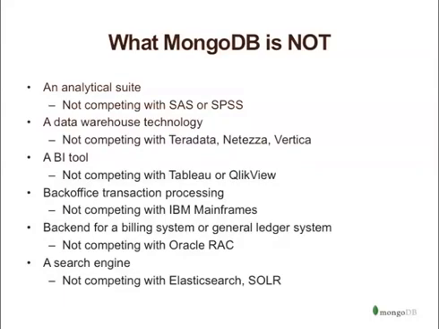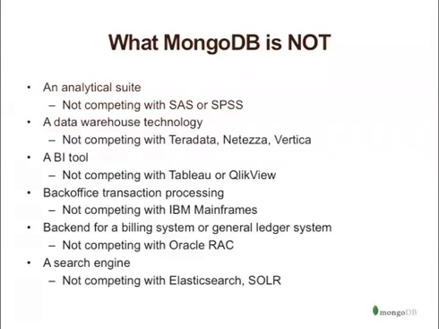It's not necessarily meant for back office transaction processing. We're not trying to compete with IBM mainframes that are very, very strong for intense batch processing. On the other hand, we also don't have the same cost. It's not really meant either to be the back end of a billing system or general ledger system, which is more the purview of Oracle RAC, and, again, tends to be for intense batch processing sequences or for things that require instant failover.